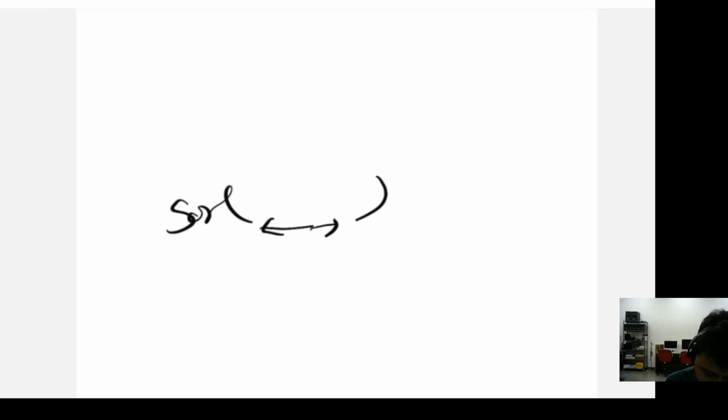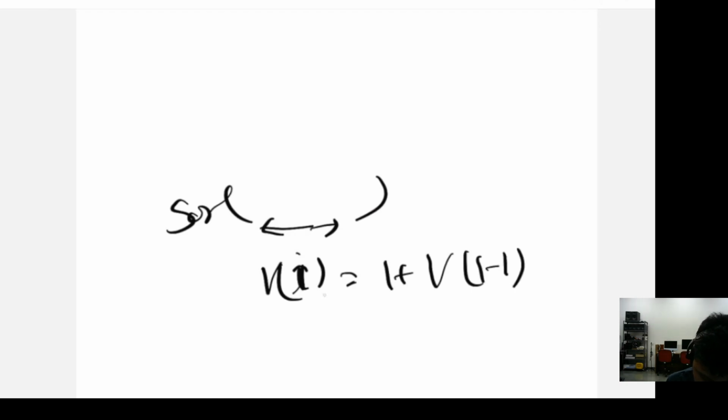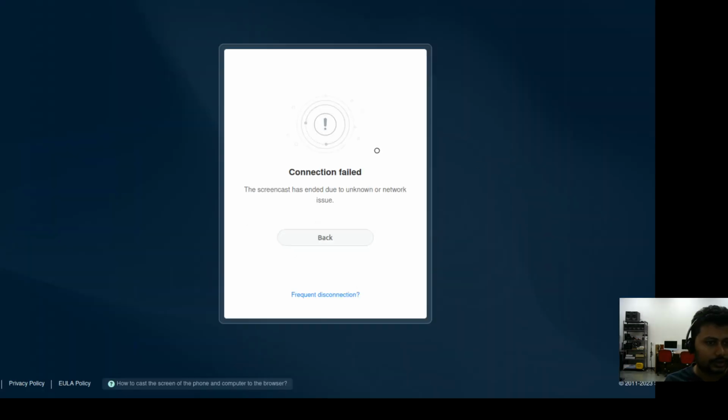For that, just compare: if the ith element vi is equal to 1 plus vi minus 1, then it means it is a consecutive line. So our task is to find the maximum length of a consecutive subarray in sorted order.